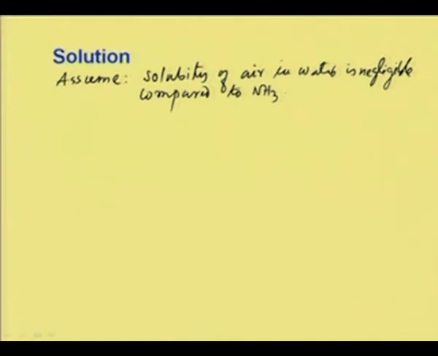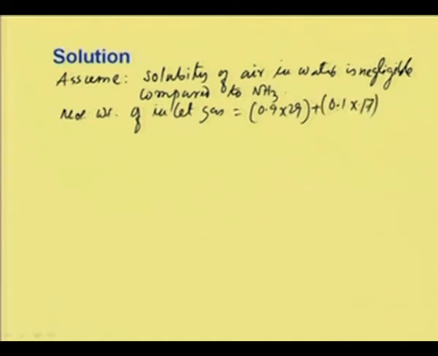So, the molecular weight of the inlet gas we can calculate, which is 90% air, 0.9 into 29, plus 10% ammonia, 0.1 into 17, which is about 27.8 kg per kmol.